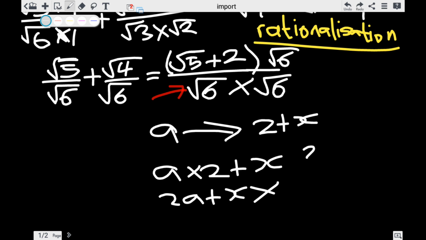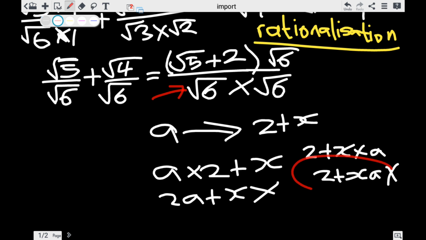It will be 2 plus s times A, so it will be 2 plus sa. So this answer will also be wrong. These answers here are not the correct answer.